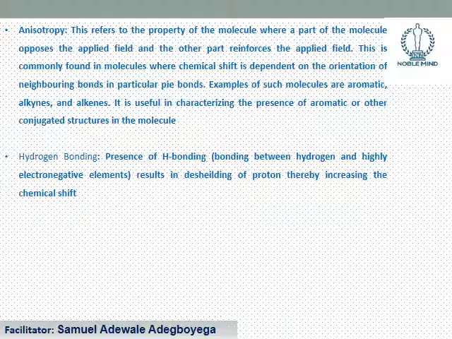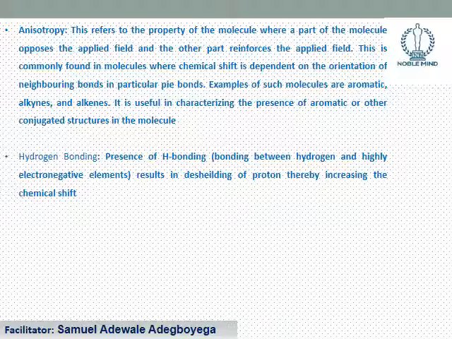So you have two influences: one part of the molecule reinforces the applied field, and the other part opposes it. Here chemical shift is dependent on orientation of neighboring bonds, and that is common in pi bonds.